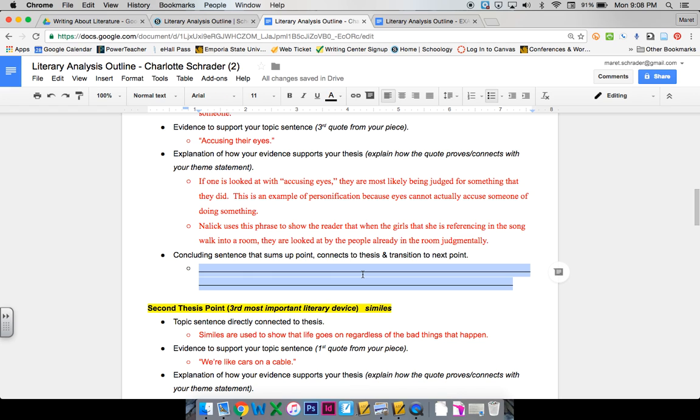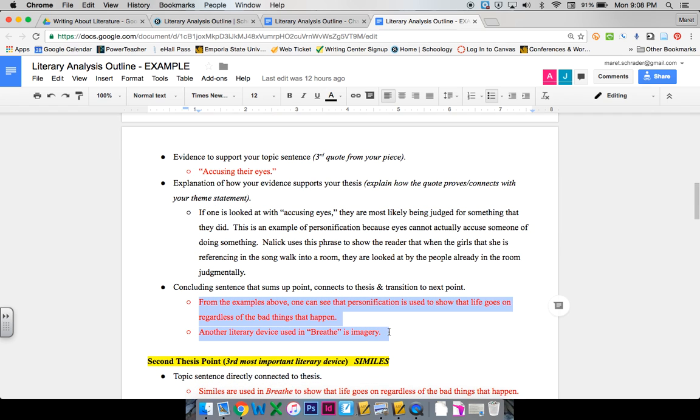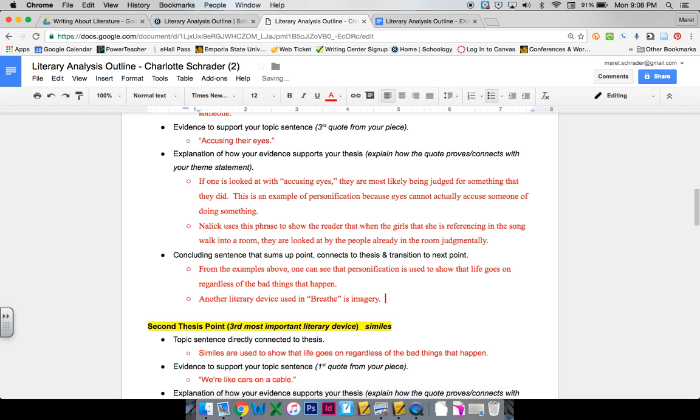I double click this line. Your conclusion sentences will look very similar to mine, and that's okay. The concluding sentence for this one might be something like: from the examples above, one can see that personification is used to show that life goes on regardless of the bad things that happen.